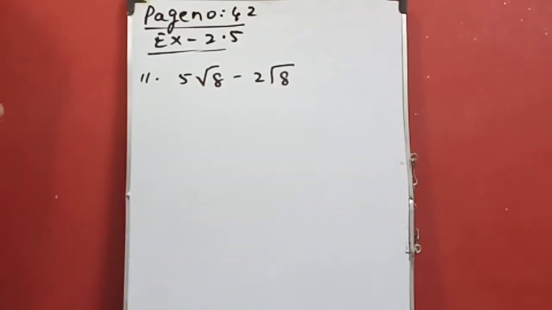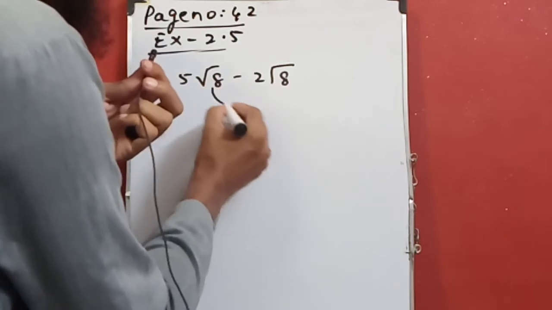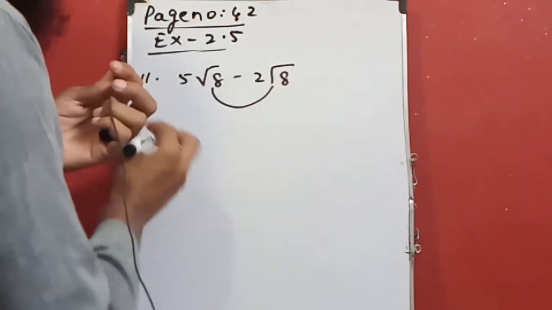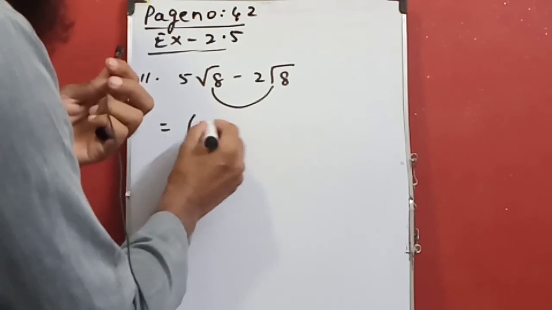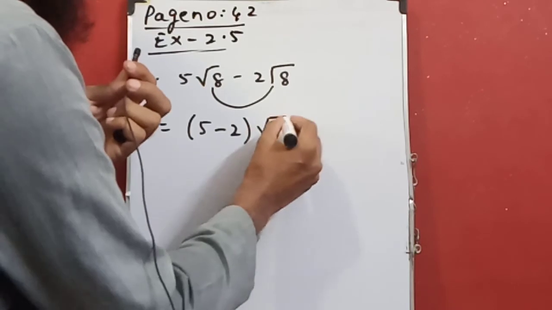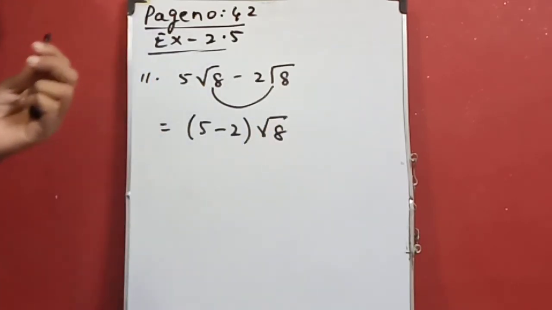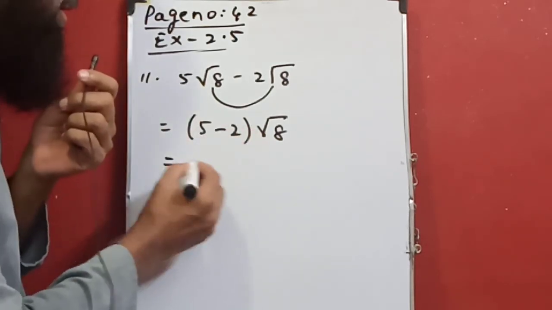Come to question number 11. 5 root 8 minus 2 root 8. Both the numbers in the radical sign are the same. Therefore, first we write 5 minus 2, and then we take the common root 8. As we know, 5 minus 2 comes as 3.